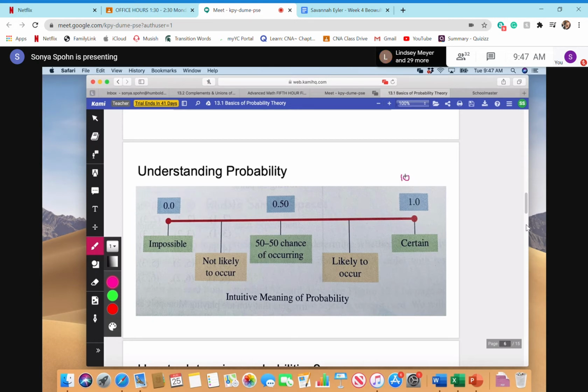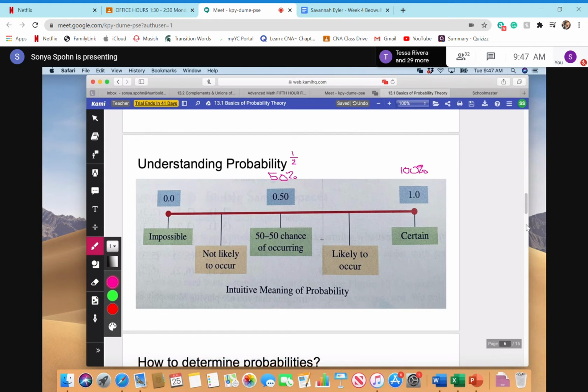So this would be 100% probability, and this would be 50%. Sometimes our probability is in fractions. So this would be 1/2, and this would be 5 out of 5, 6 out of 6, whatever. All of our answers for probability are going to fall within 0 and 1. So if you're getting answers of probability that are like 2.5, that can't be correct. So that's how probability works. It's going to fall into numbers between 0 and 1.